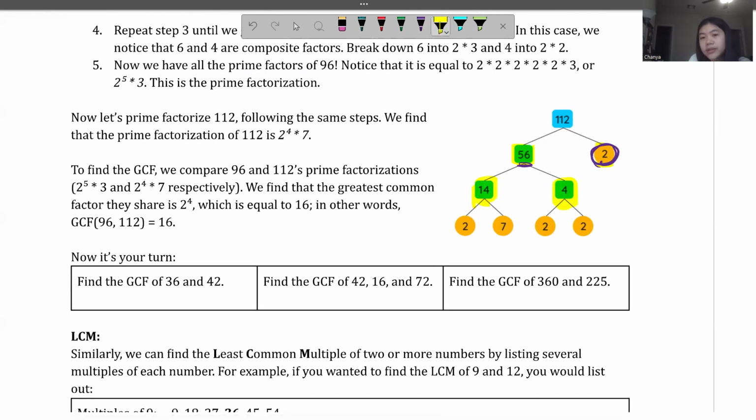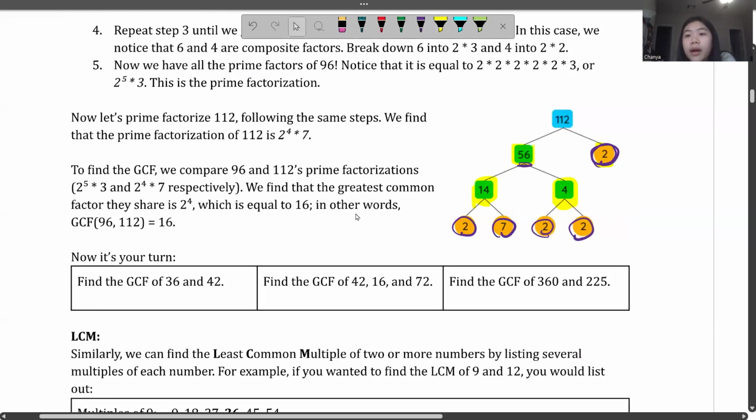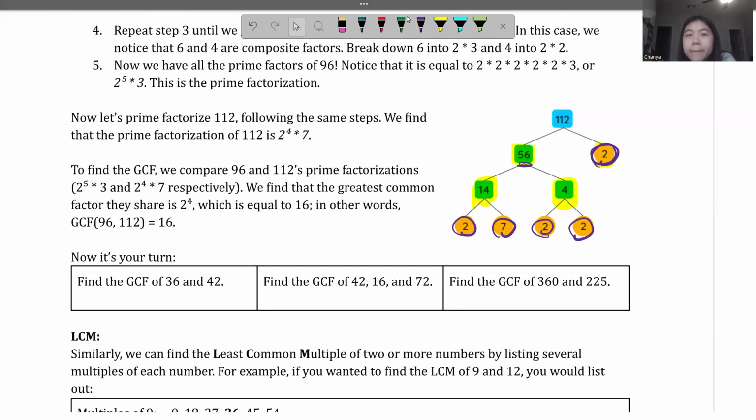And since none of these are prime numbers and they can be broken down further, I did break them down further. So 14 is 2 times 7, and 4 is 2 times 2. And these are all prime factors, so we don't need to break them down anymore, right? So now we take all the prime factors and multiply them together to get their prime factorization.